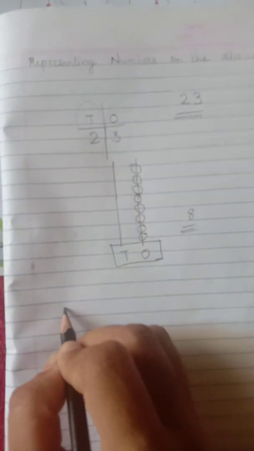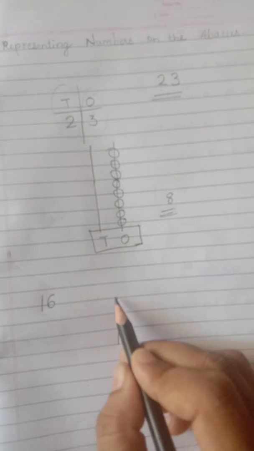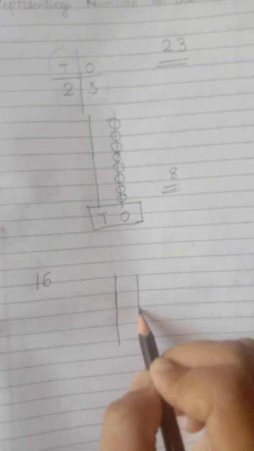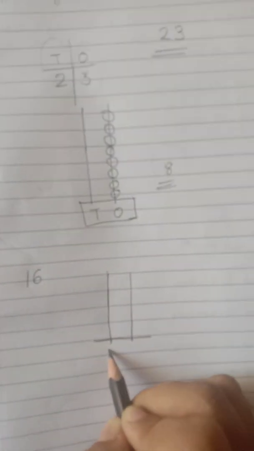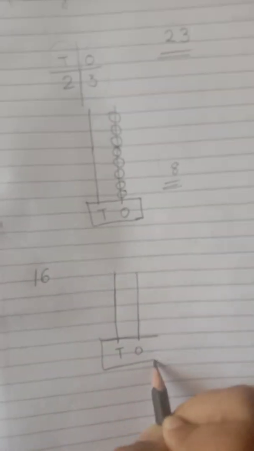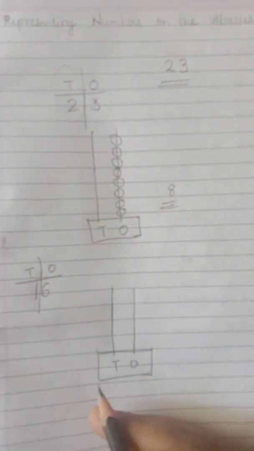If we are taking 16, how will we write it here? First of all, we will make tens, ones, and now we will see which is in the tens place and which is in the ones place. 6 is in the ones place and 1 is in the tens place.